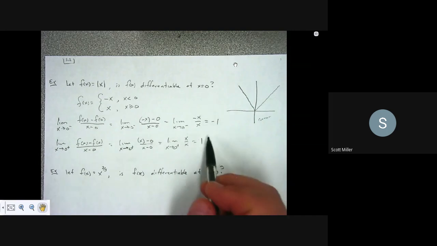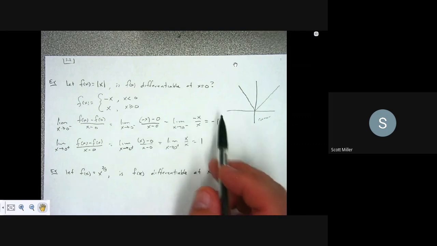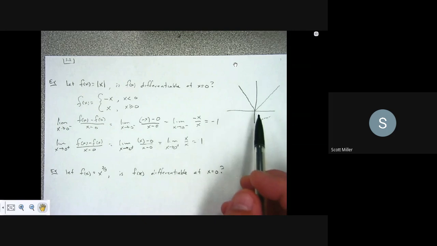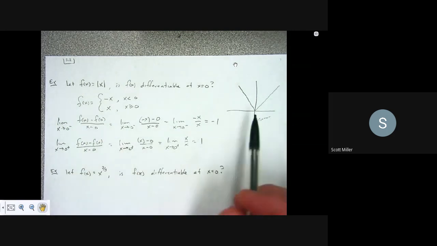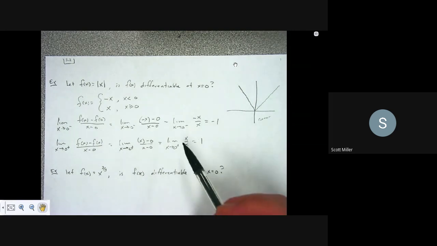So because the one-sided limits are not equal, the derivative does not exist at 0. So f of x is not differentiable at 0. That's what we concluded from that. So that is a corner example.